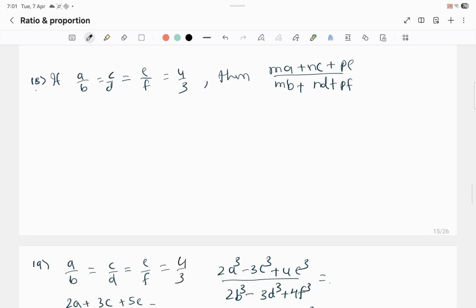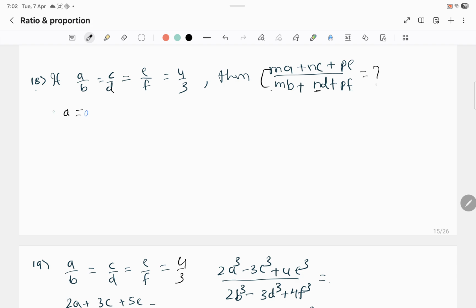If A by B is equal to C by D, actually this is an identity. A by B is equal to C by D is equal to E by F is equal to 4 by 3. Then MA NC PE by MB ND PF is equal to, they're asking us to find this. Suppose A by B is equal to 4 by 3. If you notice, A and B have the same coefficient M, C and D have N as the coefficient, E and F have P as the coefficient.